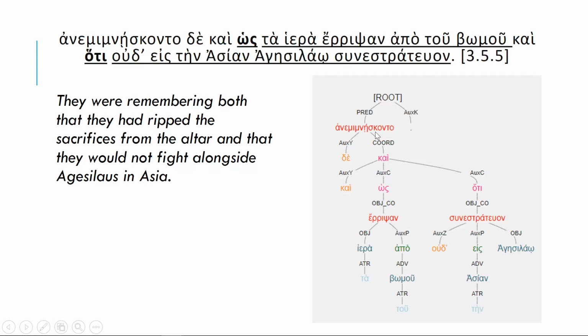So they're remembering two things, and these are the direct objects of the main verb, but they're expressed in the form of subordinate clauses, and so they act as objects. The hos and the hoti are still labeled as auxes because that's what we always do with the actual coordinator or the subordinator. It's coordinated, so the verbs down here are object cos. And then the rest of the sentence is labeled as you would any normal sentence. The object of the verb of the clause, an adverbial preposition phrase.